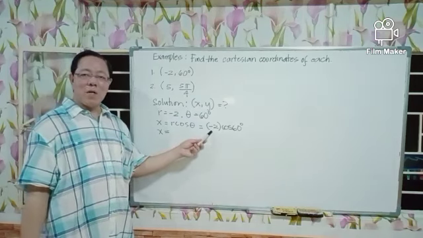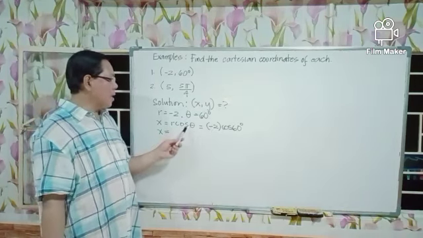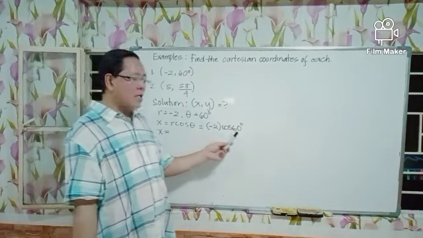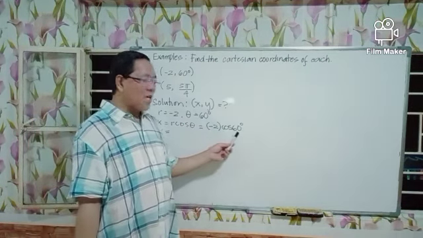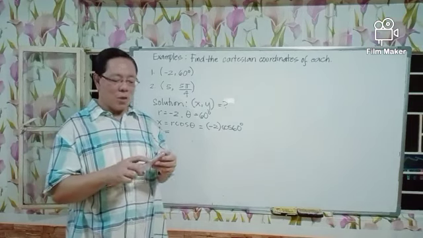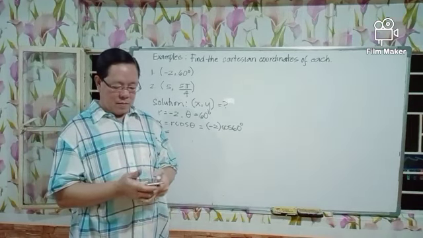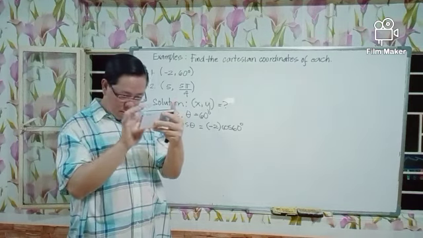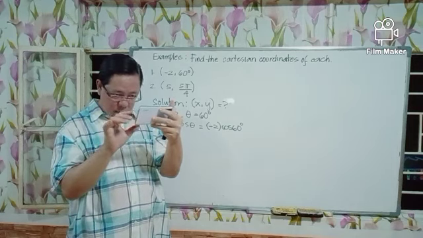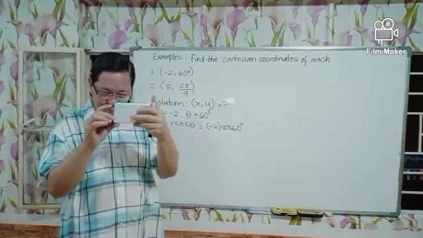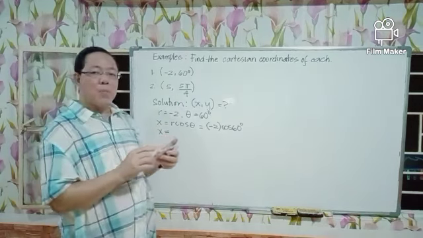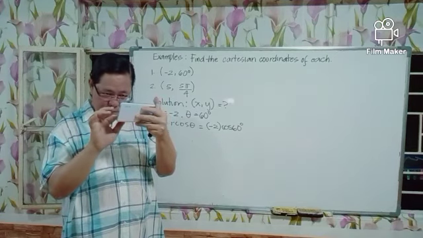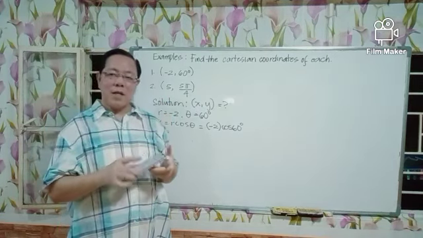And we substitute the value of r equals -2 multiplied by cosine theta. And we replace theta with the given angular coordinate of the point, 60 degrees. And we calculate -2 times cosine 60 degrees using our calculator. Cosine of 60 degrees is 1/2 or 0.5 and multiplied by -2, you get -1.